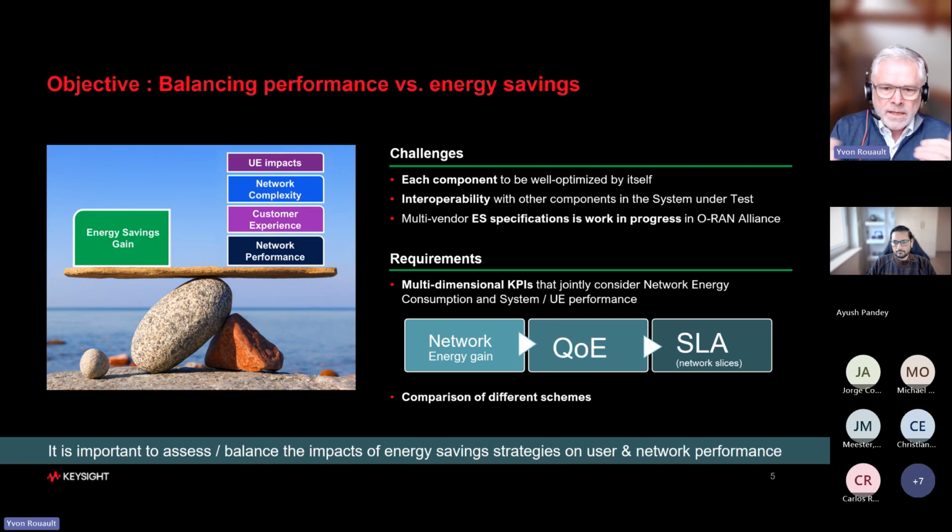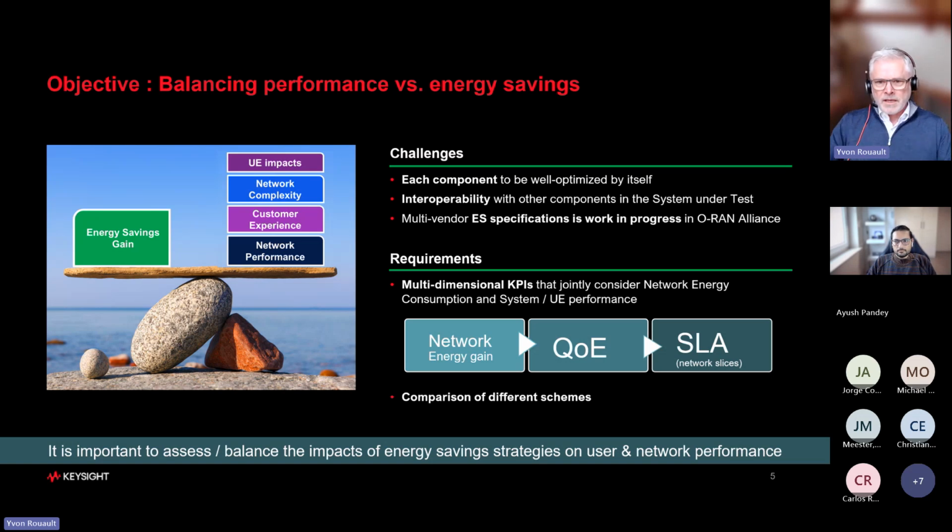It's about finding the right balance, and that balance is unique to each operator and each network architecture. It's a very complex formula, actually not a real formula that you can compute easily. It must be evaluated and continuously optimized.